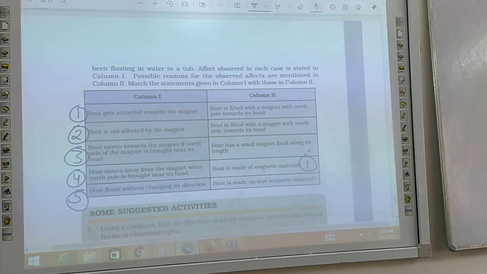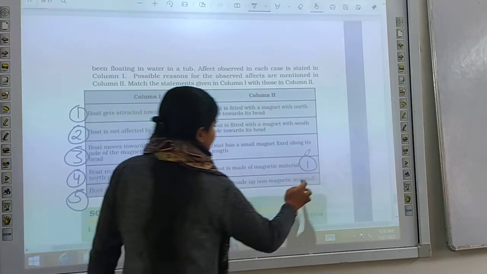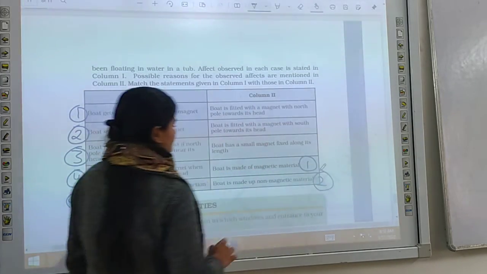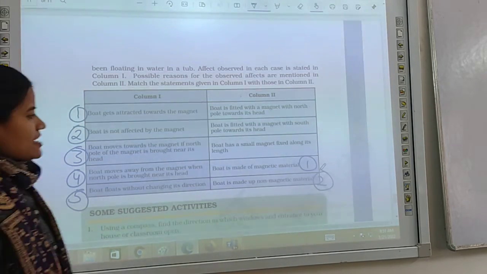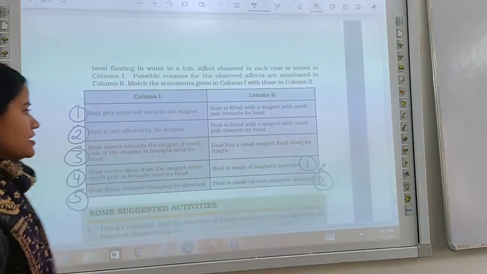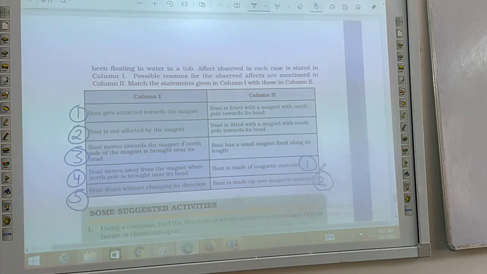Now second, boat is not affected by the magnet, so it means that the boat is made up of non-magnetic materials. Right, boat is made up of non-magnetic materials.